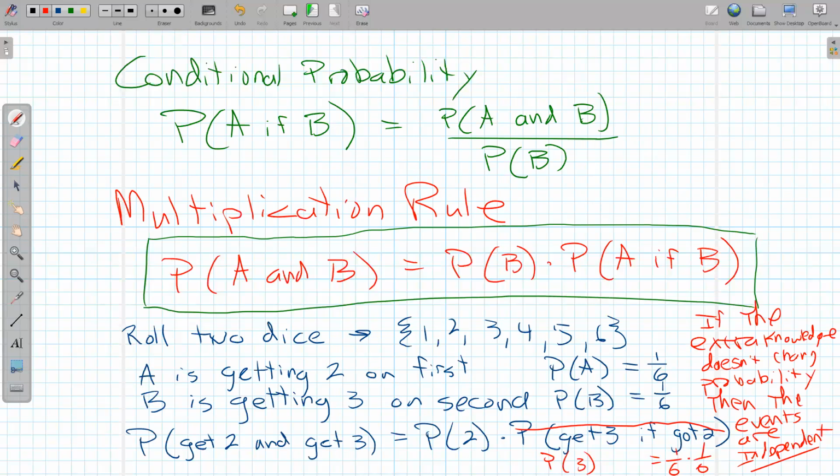And sometimes 2 events are independent and sometimes they're not. It just depends on the situation. Is there any relationship between those events? And here there is no relationship.